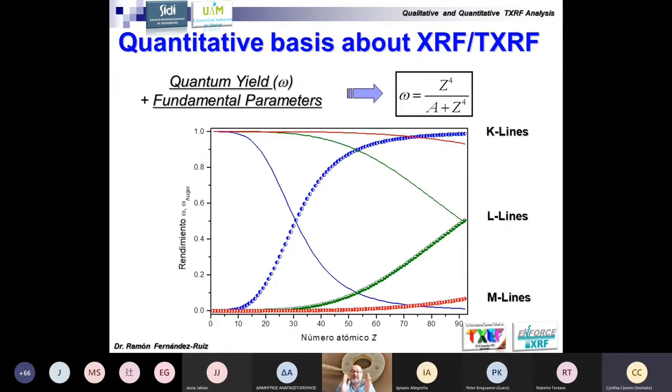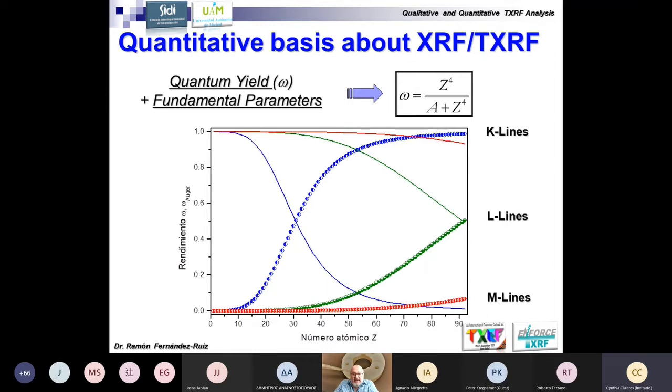Only to comment that it's necessary to add the quantum yield and the quantum concept of the phenomena of fluorescence to the fundamental parameters, the appearance of the second or higher interaction order, also the absorption, and combine them to be able to describe, in a quantitative way, X-ray fluorescence in general.